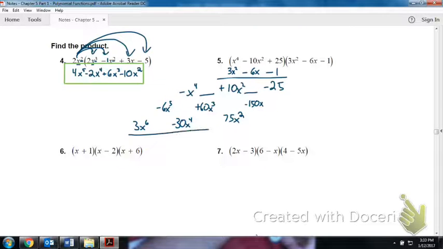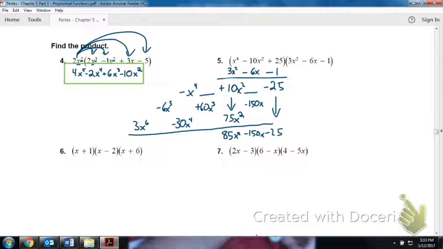And now I have everything lined up and I can just bring them down. So negative 25, negative 150x. So 10 plus 75 is 85x squared.